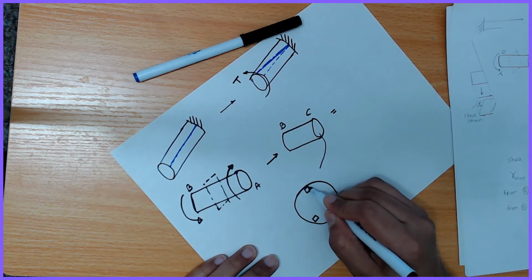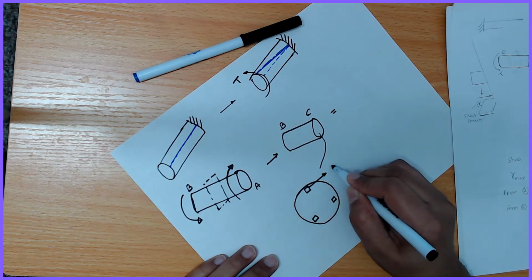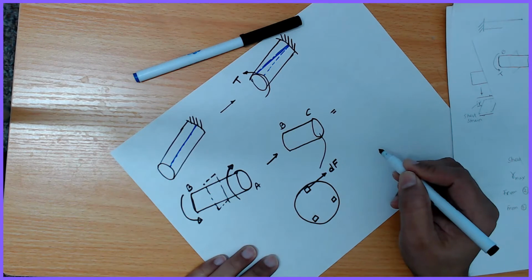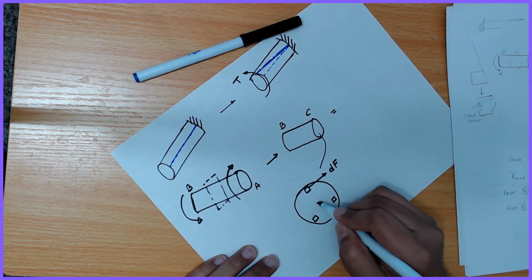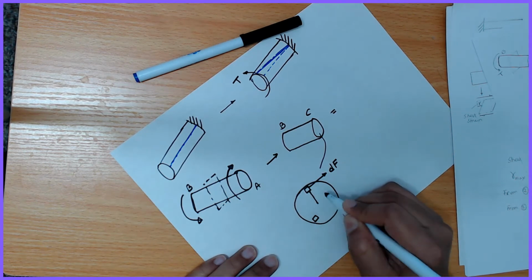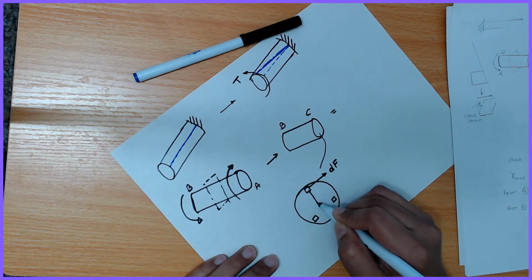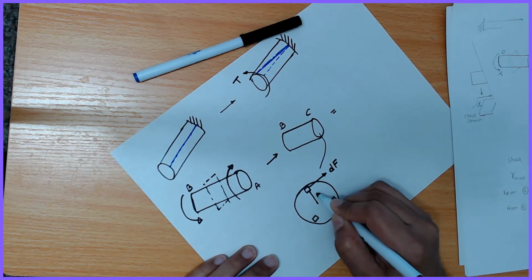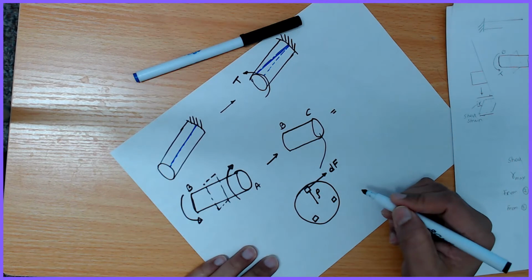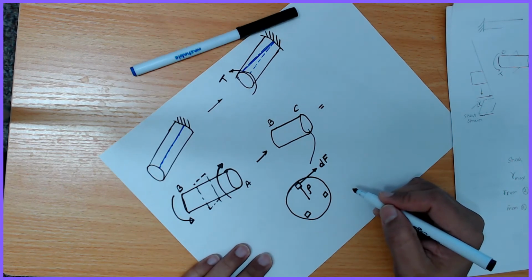So these elements experience a force called dF, and from the center to this element the distance is rho.